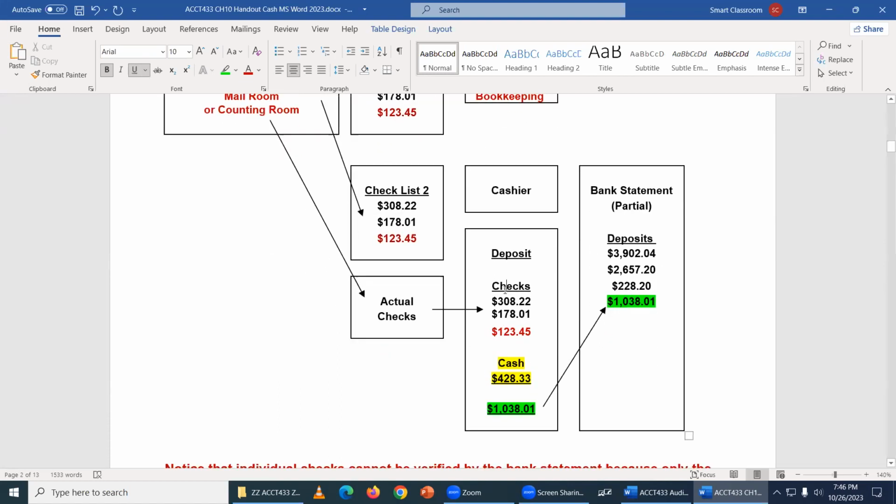But the deposit slip is what you're really going to look at to see if it went in, and also the checklist, because it could be the cashier stealing the checks, so you want to see that they're on both. The bank statement isn't going to be much help, because it's just going to show the total amount, and you'll have no idea. The 1, 2, 3, 4, 5 could be in any one of these or none of them.